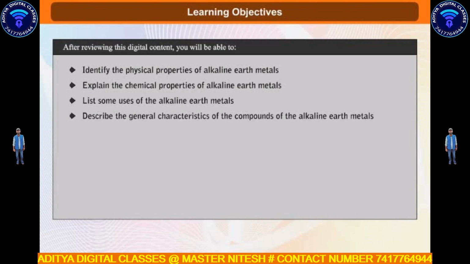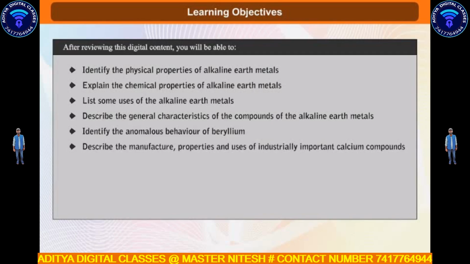Describe the general characteristics of the compounds of the alkaline earth metals. Identify the anomalous behavior of beryllium. Describe the manufacture, properties and uses of industrially important calcium compounds. Identify the biological importance of magnesium and calcium.